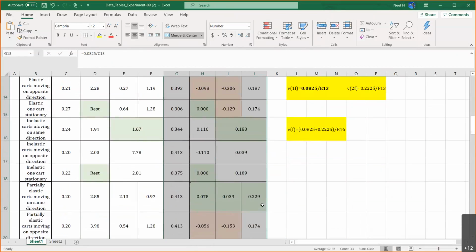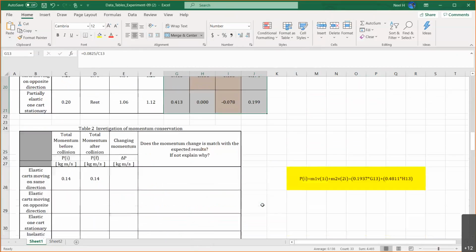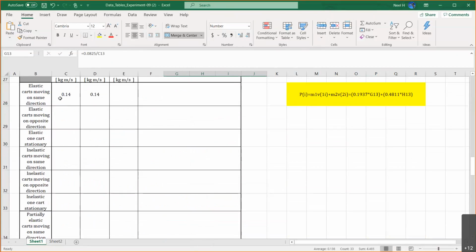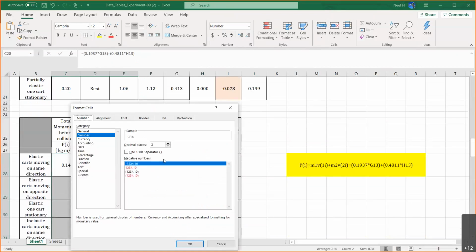Because I want to check whether momentum is really conserved or maybe there's a difference at the second or third decimal level. So let's reformat this whole table also, right click, format cells, at least 3 decimal places.